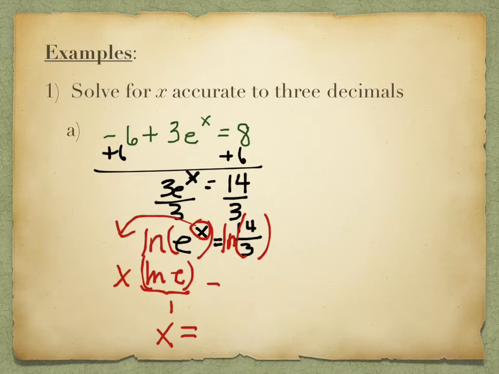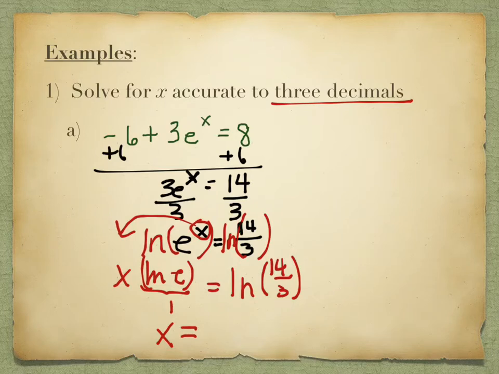And if you grab your calculator, it will give you a decimal approximation for the natural log of 14 thirds. Make sure the 14 thirds is in parentheses. Your calculators will probably force that, but in case it doesn't. And it says accurate to 3 decimals. So what do you get for x? I said 4. Oh, I lost my 1. You're right, it is 14.